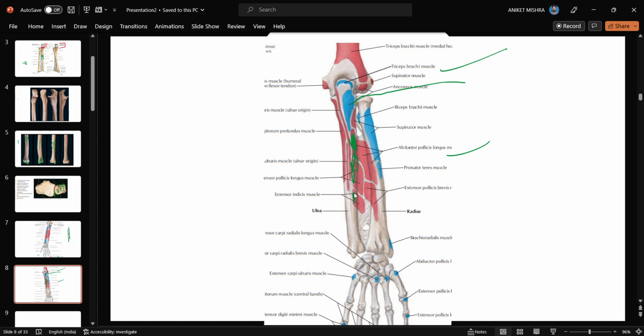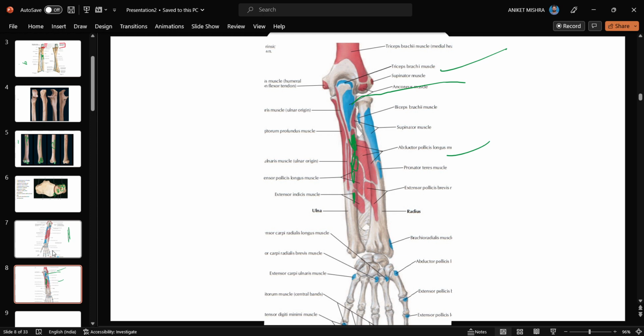Coming downward along the lateral border toward the interosseous side, at the top is the origin for the abductor pollicis longus. Coming a little downward, we find the origin of the extensor pollicis longus. At the lower end of the shaft is the origin for the extensor indicis muscle.